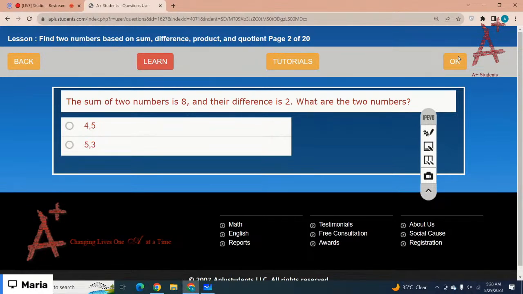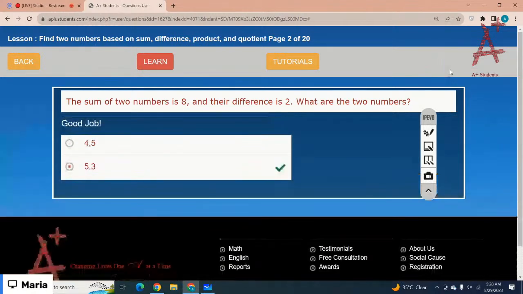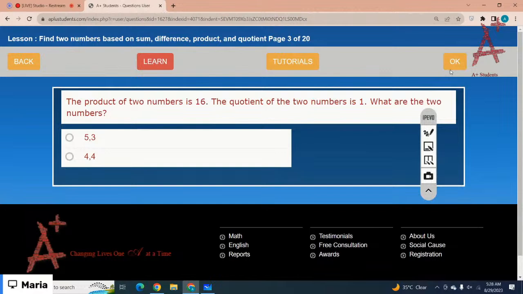The two numbers are 5 and 3. When you add, they make 8 and when you subtract, they make 2, right? If you already know the answers, you can please write down the answers in the chat box.